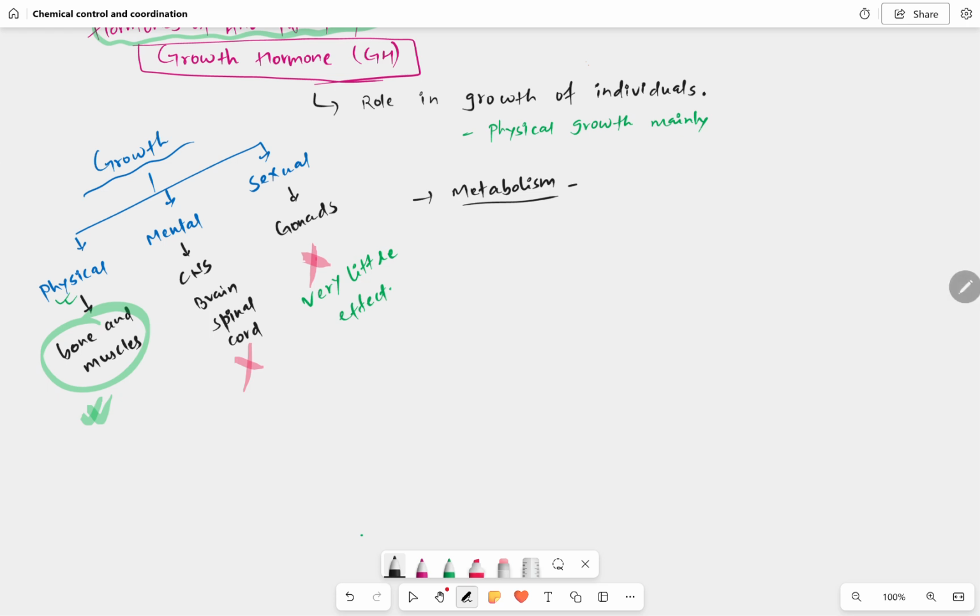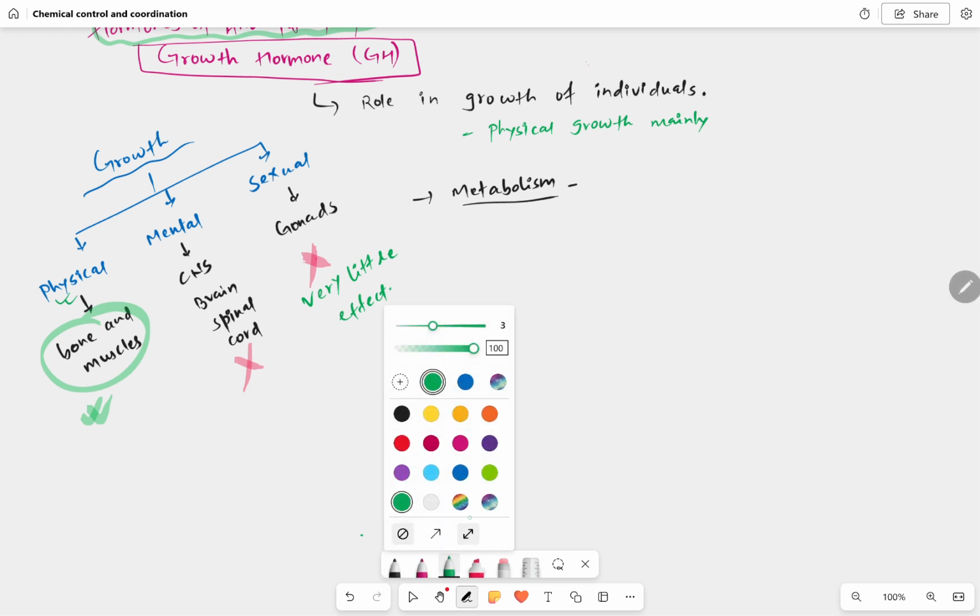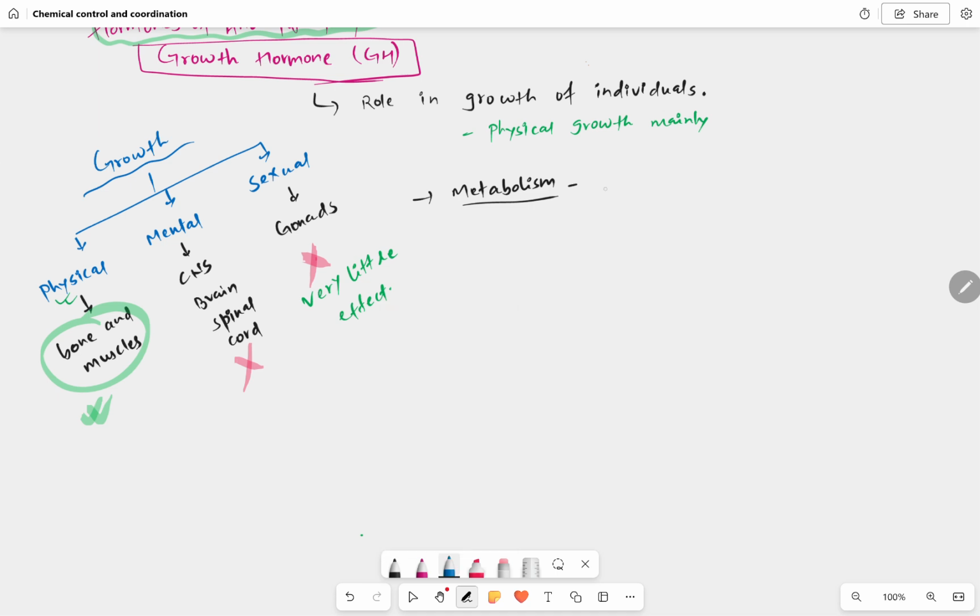For lipid, what is it doing? During growth, cells are actively respiring and expanding, so the lipid will not be stored because of its active involvement in cellular physiology and respiration.